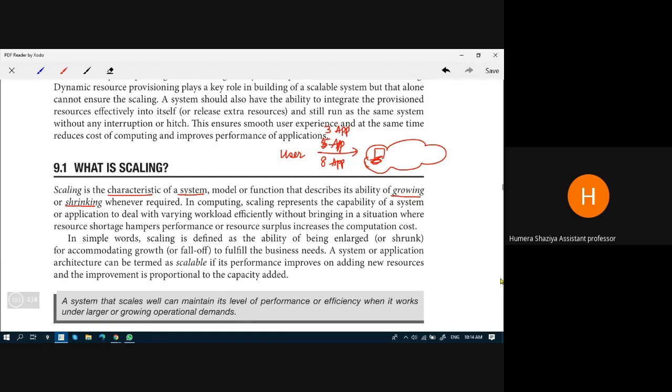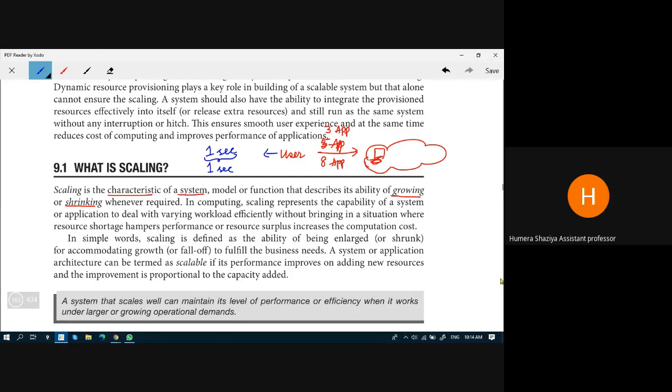If the user has submitted 5 applications and these applications are being executed in 1 second, and when the user increases the count of applications to 8, the performance and efficiency remain the same at 1 second only, then the system is properly scaled.